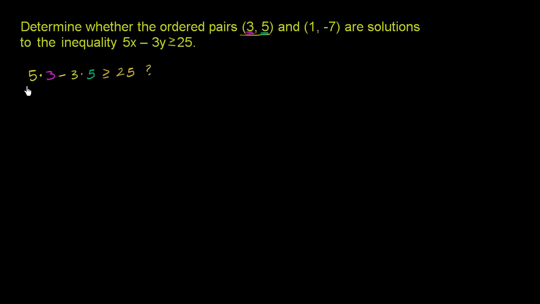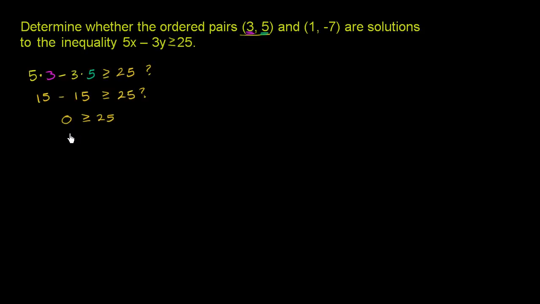So 5 times 3 is 15, and then from that, we're going to subtract 15. And let's see if that is greater than or equal to 25. I put that question mark there because we don't know. And 15 minus 15, that is 0. So we get the expression 0 is greater than or equal to 25.